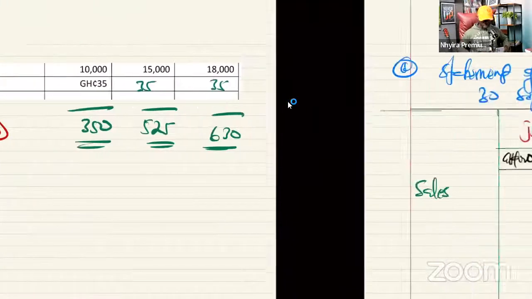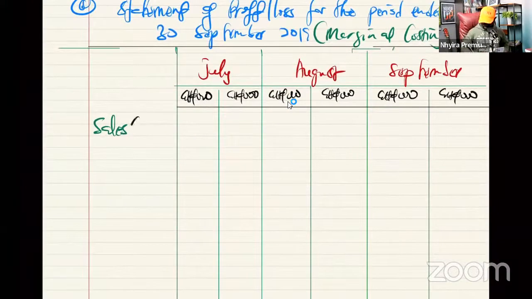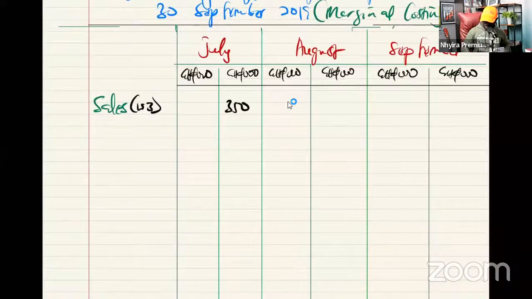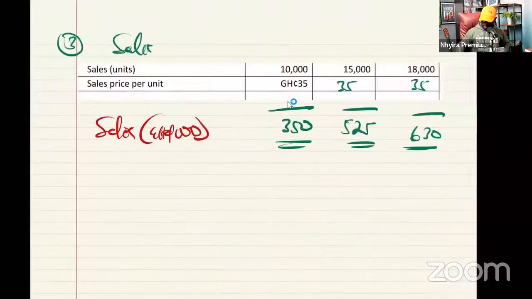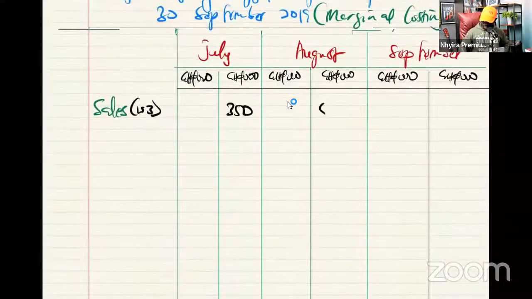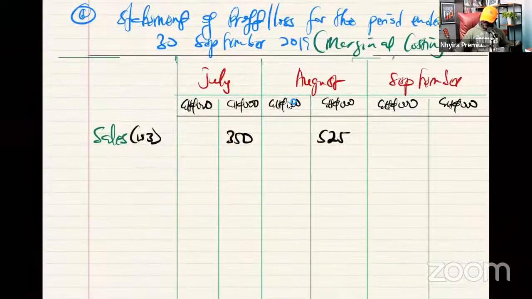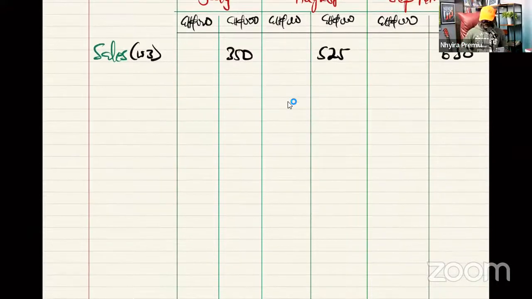So that is coming from workings 3. We bring the figures up into the second column. 350, 525, 630. So that is our selling price. Then what do we do? We less marginal cost.